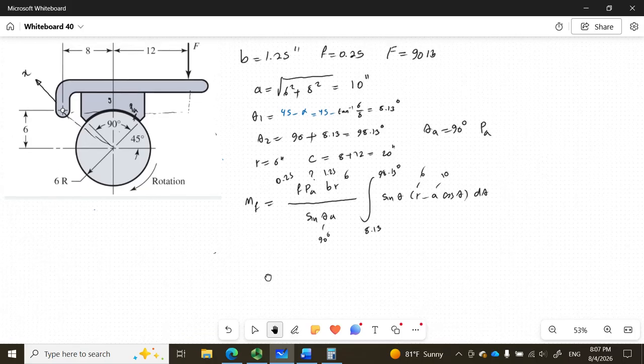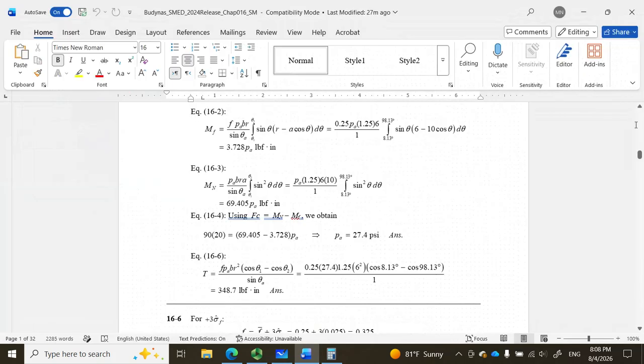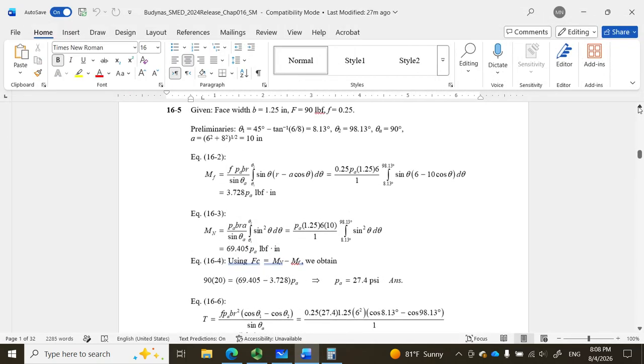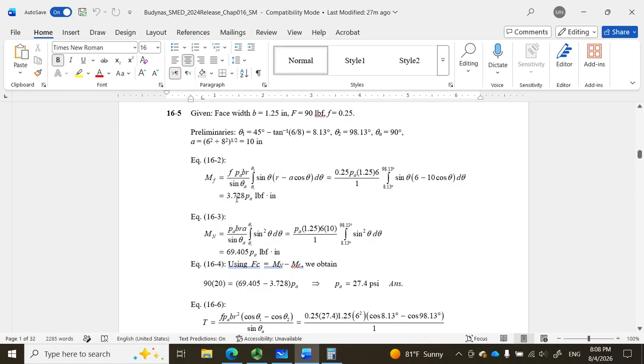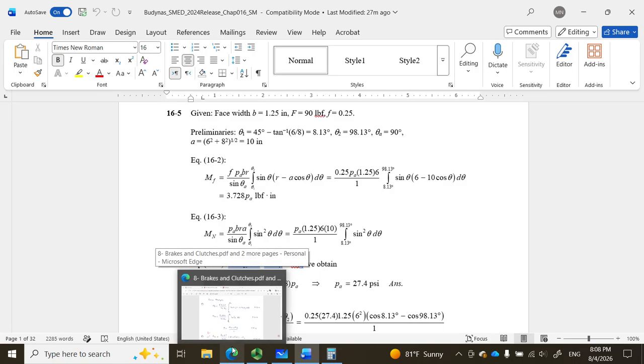So if I put this into a calculator, MF is going to come out as something times PA. That something is this fraction times this integral. So I have the answer here. MF for that problem is going to be 3.728 times the PA. So let me remember that: 3.728 PA.